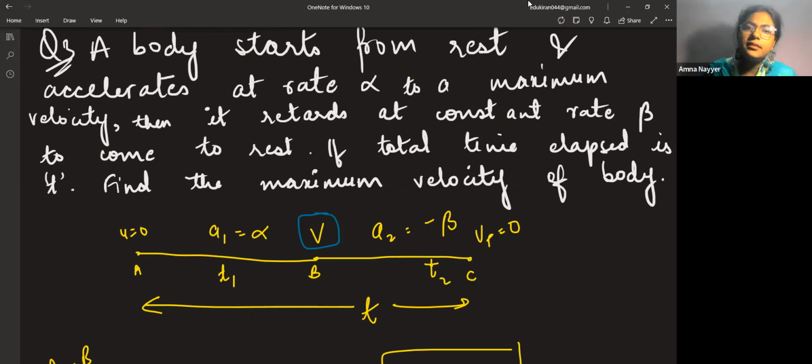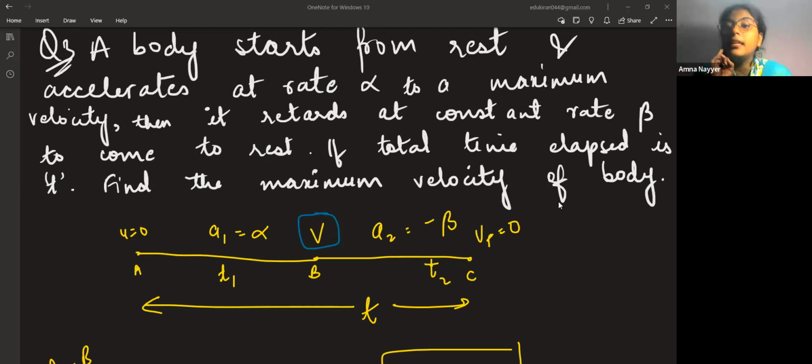Ma'am, can you repeat from T1 plus T2? See, T1 was the time that we had assumed between A to B, which we found using the equation V is equal to U plus AT, from which V by alpha was obtained. Secondly, from segment B to C, the time elapsed we had taken as T2. But can we use T1 and T2 in our answer? We cannot. Reason: it's not mentioned in the question. You can never use variables which you have chosen yourself. T1 was never mentioned; I had chosen T1. Alpha was given, so my answer can contain alpha. It can contain beta.